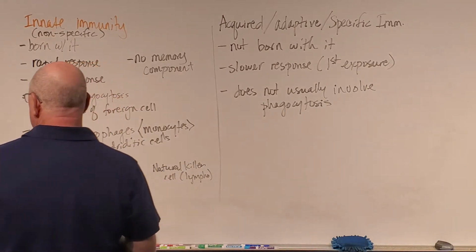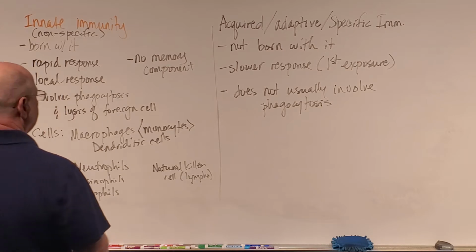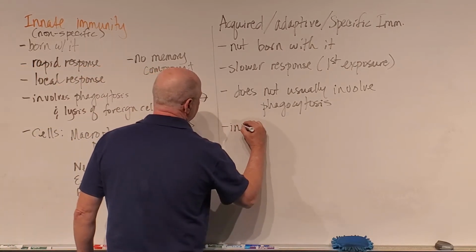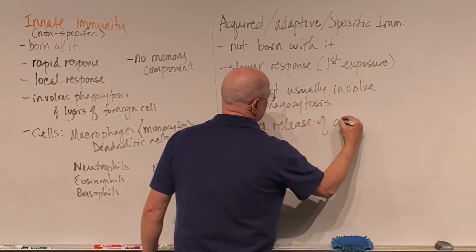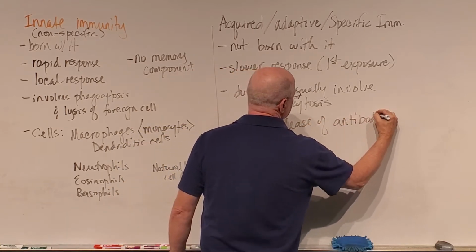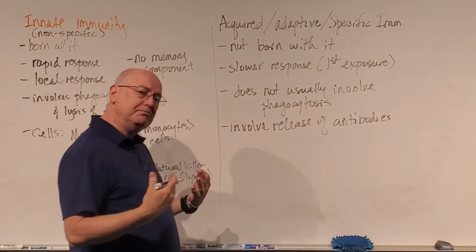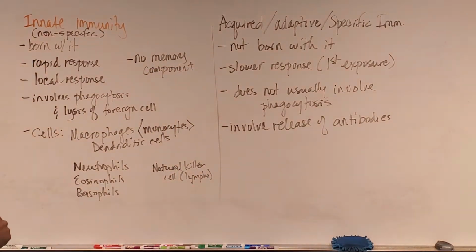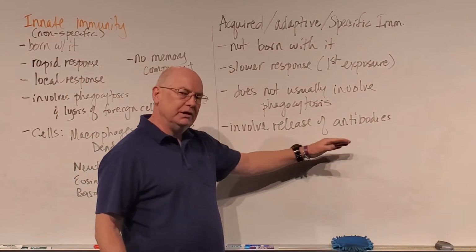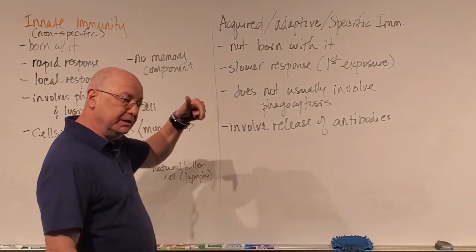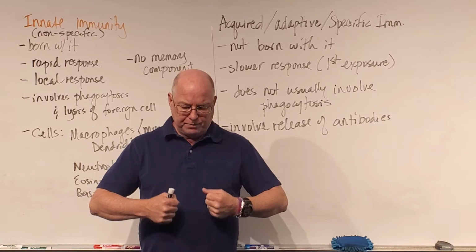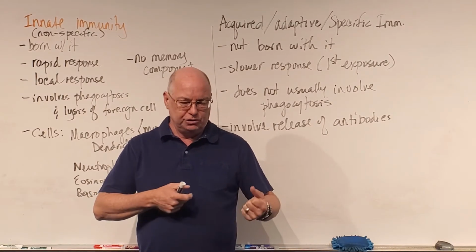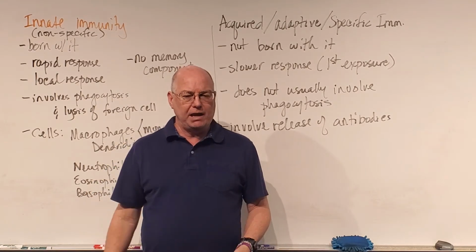Okay. Something else I want to mention: it does involve the release of antibodies. We're going to talk about antibodies. They're proteins that are released that can bind to foreign cells. They recognize them and bind to them, and it sort of is a way of saying, hey, come get these guys. So imagine if you have a big military, a big group of good guys that can run around and take out the bad guys.